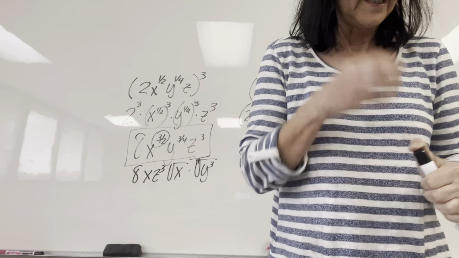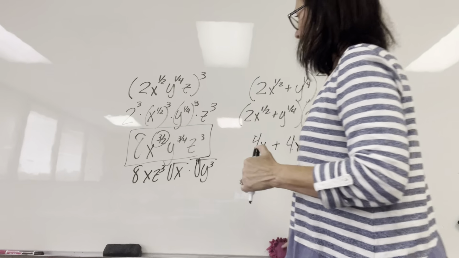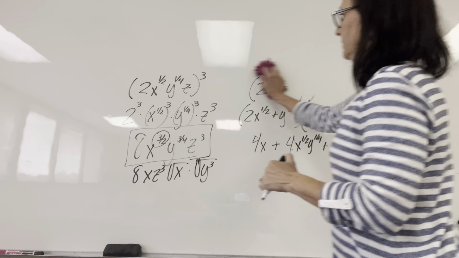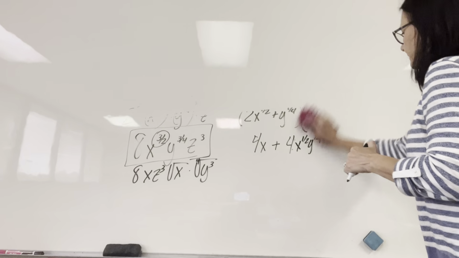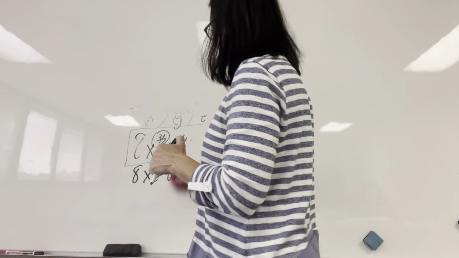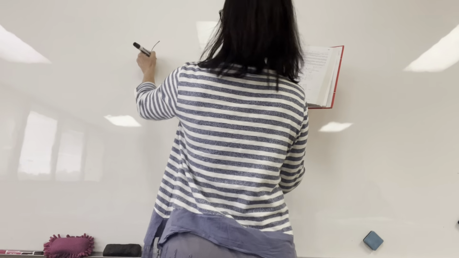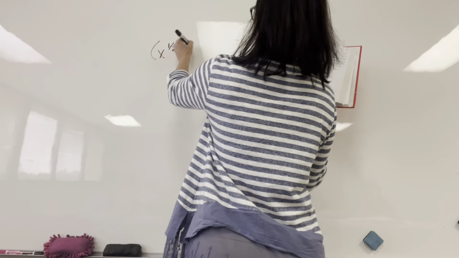All right, let's look at example 2. When the terms are multiplied, you're just raising every term to that power. For example 2, we also have addition. So someone tell me, how do I work this?